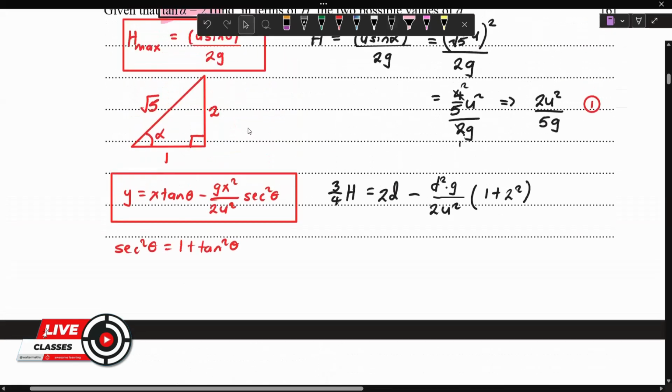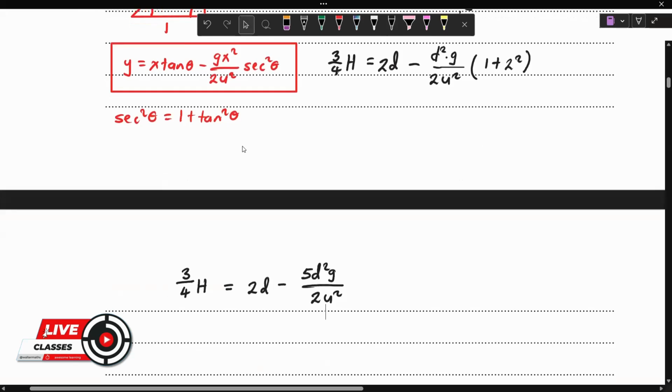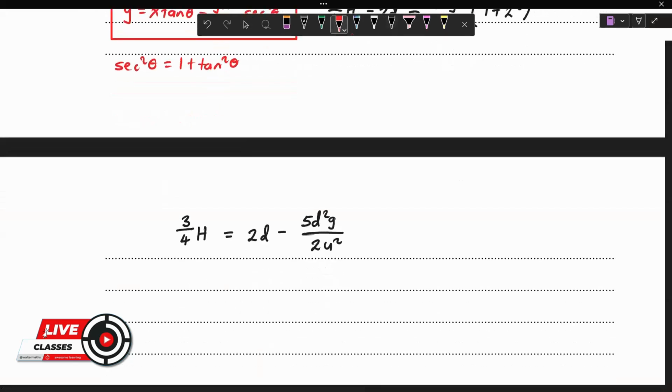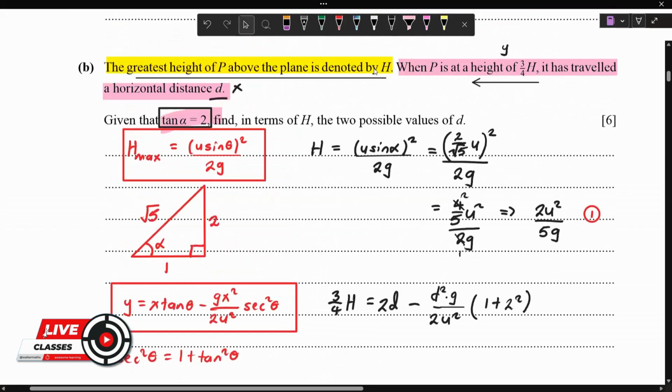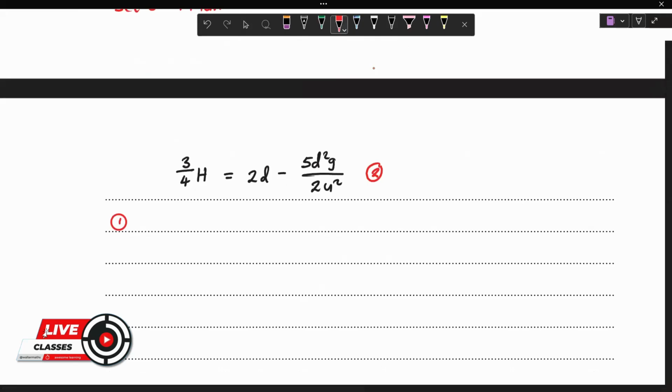I'm going to call this equation 2. So if we take back equation 1, we have h equal to 2u squared over 5g.